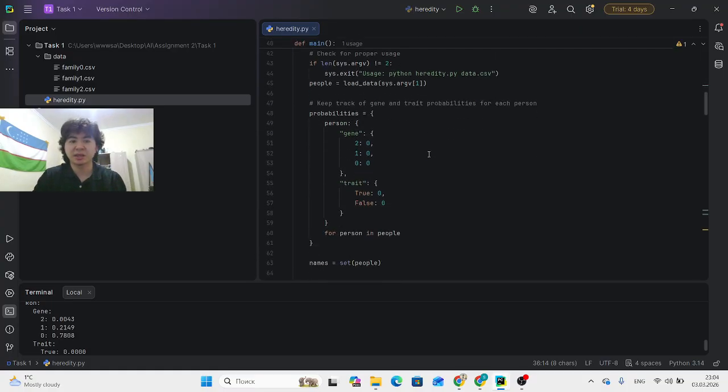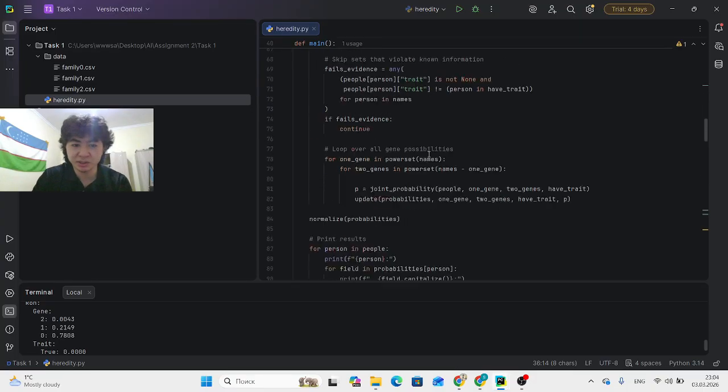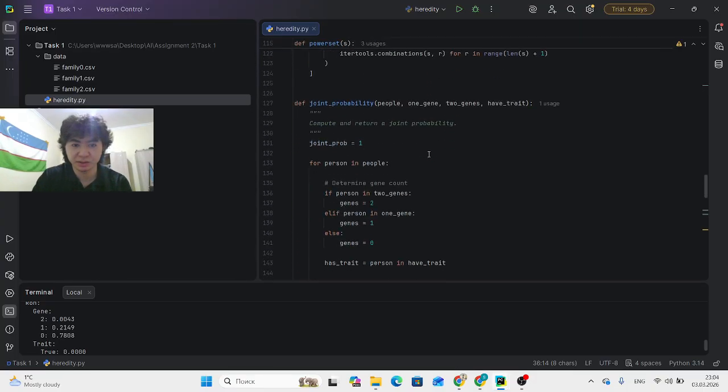So the second main function was joint probability. This is our second main function, and it computes the joint probability of people. I mean, one gene is the set of people with one copy, two genes is the set of people with two copies, and have trait is the set of people who show the trait.